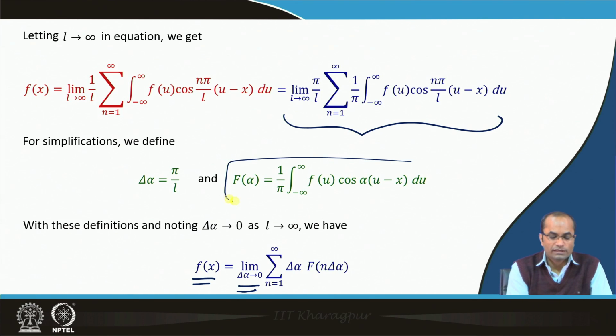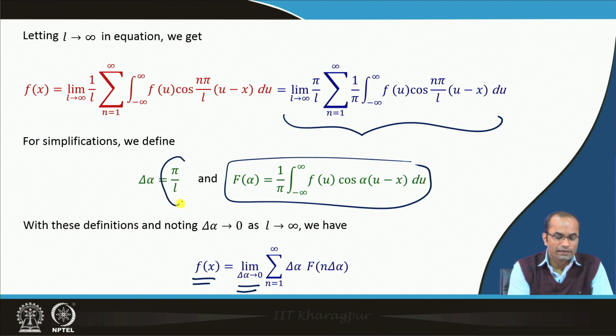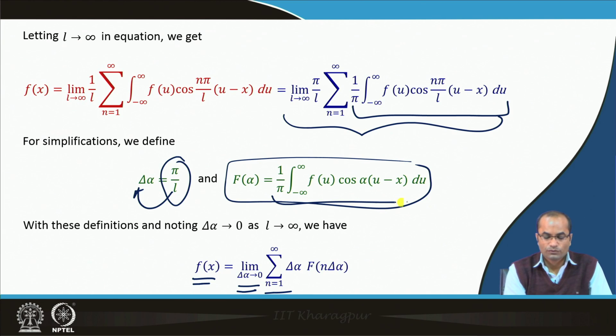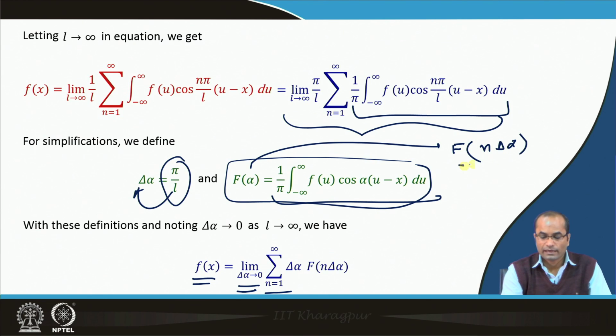we will not see now in this term here in this Fourier series, but we have changed this L to this delta alpha. So, this delta alpha will now go to 0 instead of saying L goes to infinity, and then we have this sum n from 1 to infinity. The term here with this integral 1 over pi and so on, we have this F, indeed F of n delta alpha. F of n delta alpha is precisely this integral.